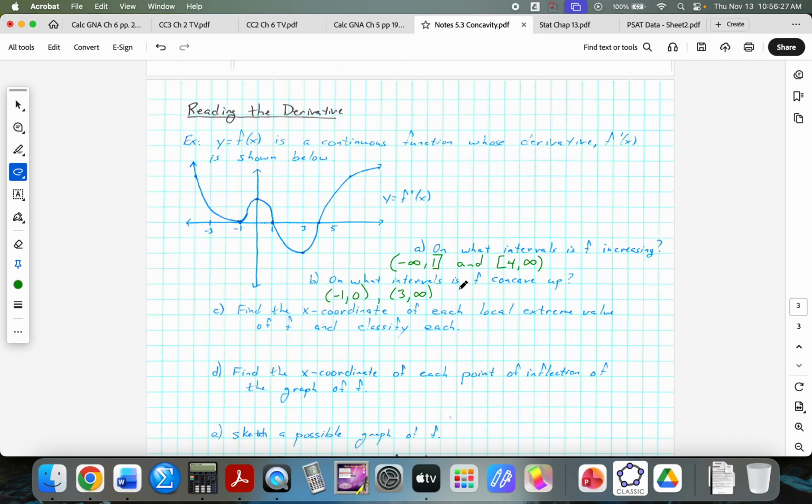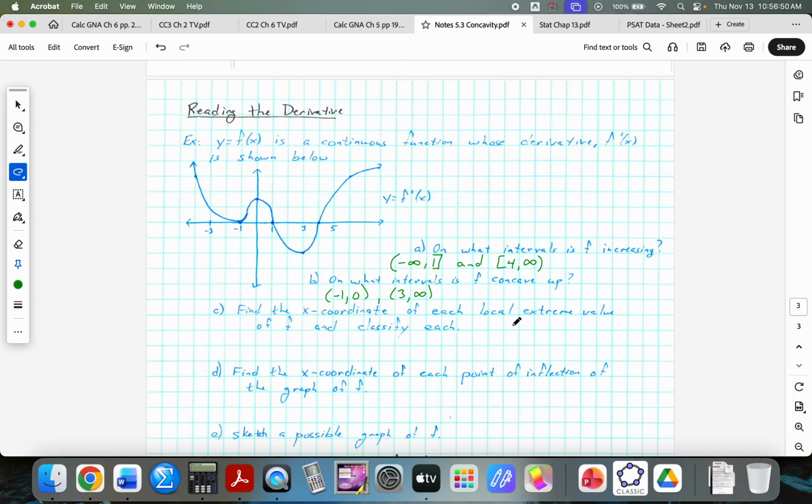All right, let's find this. Find the x-coordinate of each local extreme value of f and classify each. All right, so when we're looking for extreme values, we first try to find critical points, right? Critical points are where the derivative is either 0 or doesn't exist.